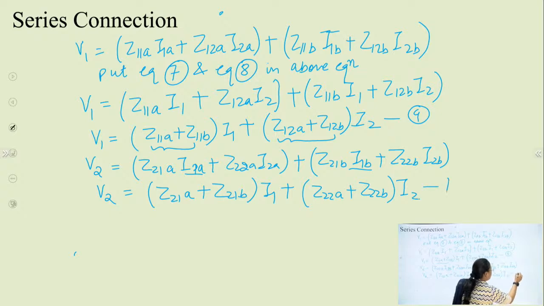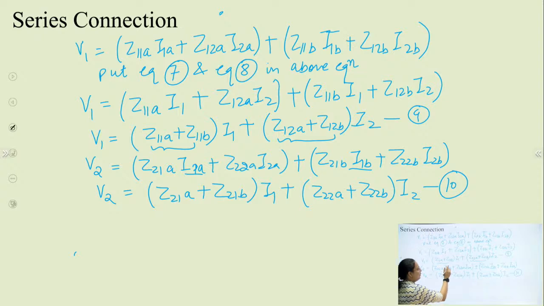Let us say this is equation number 10. Now when I compare equations 9 and 10 with the standard Z parameters, I get Z21 equal to Z21A plus Z21B, and Z22 equal to Z22A plus Z22B.